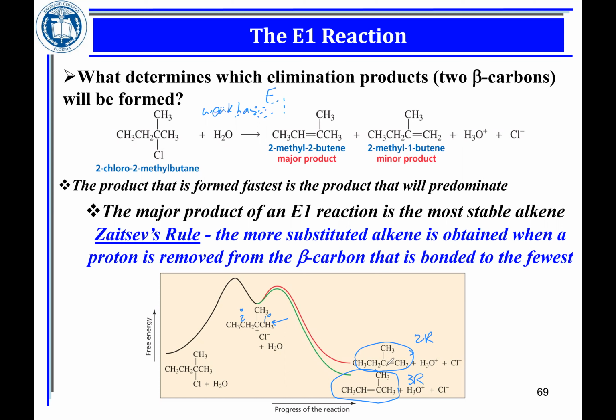The 3R product is basically the Saytzev product. So we have the Saytzev rule here: hydrogen is going to be removed from the most substituted carbon, so you get your major product because it's more stable.